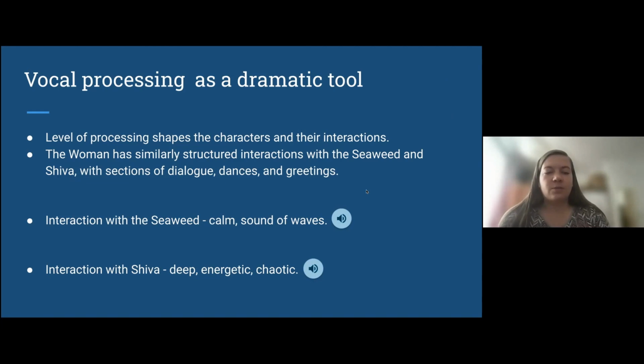And then in the interaction with Shiva, the voice is deep, quite energetic and chaotic, quite mechanical. So I'll just play a little section of both of those. The first voice that you hear is the woman's, and then the answer comes from either the seaweed or Shiva. All the voices are Shields though.